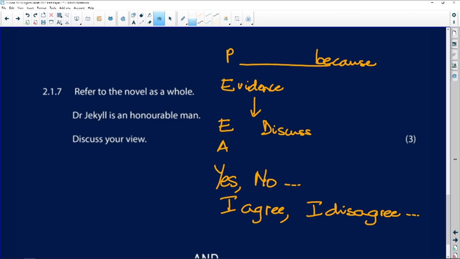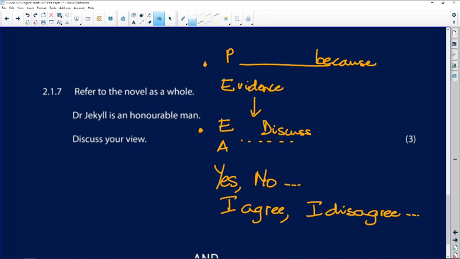So I agree that, or I disagree that Dr. Jekyll is not an honorable man because he wants to explore his less pleasant emotions, whatever. So you can't just repeat the statement, you need to give me a reason. So that's your point.